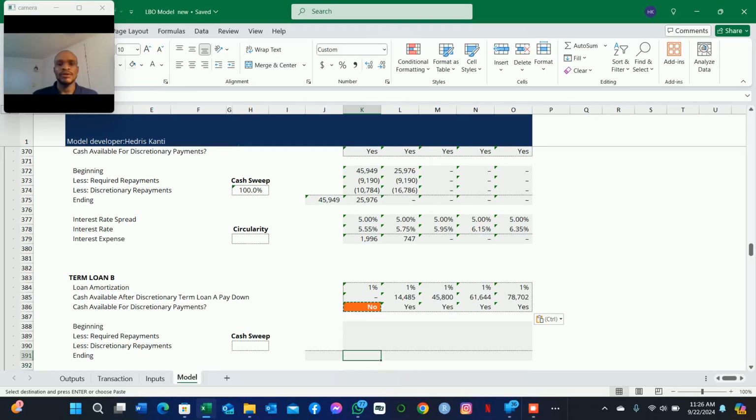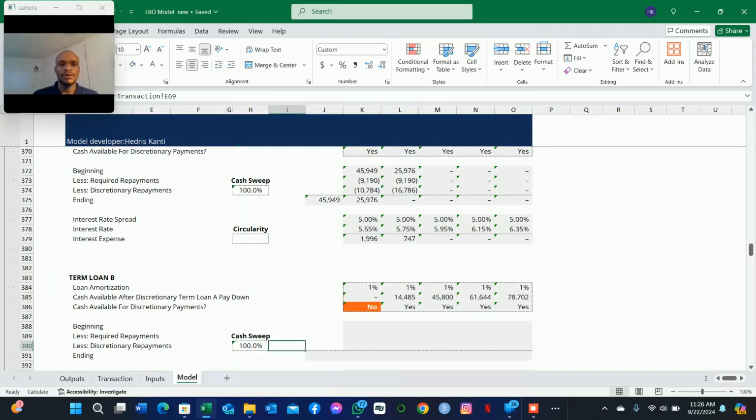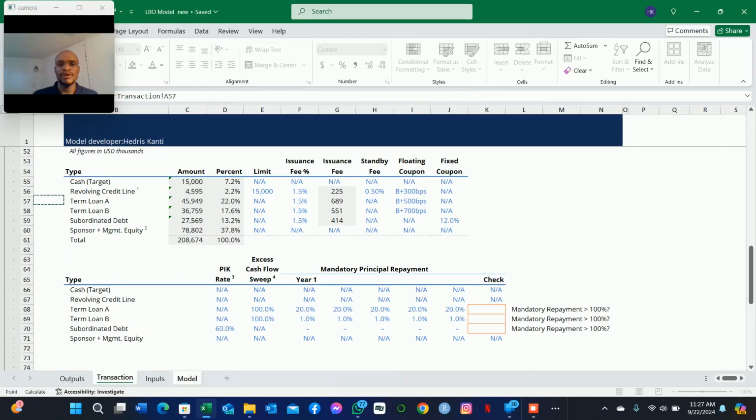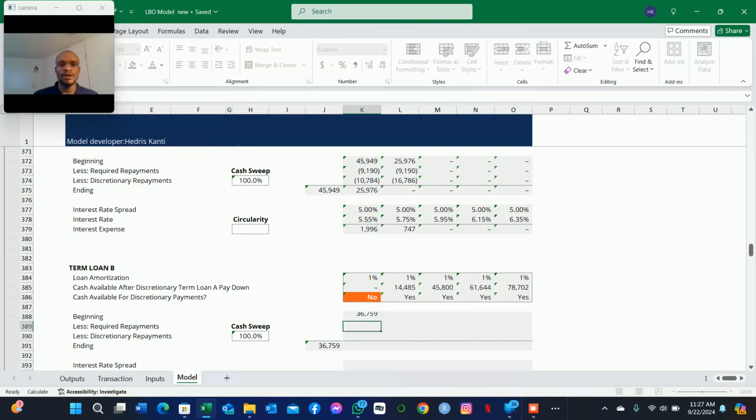So going forward, we will assign our cash sweep amount as usual. The cash sweep amount is 100%. We have it set up there to pay for any cash available for discretionary payments. And then we know that this private equity firm borrowed roughly $36 million, which has to be paid off. So the opening balance is equal to the prior period's closing.